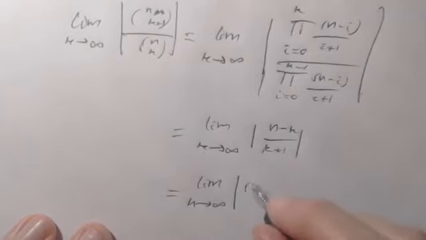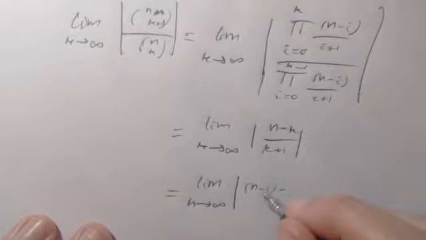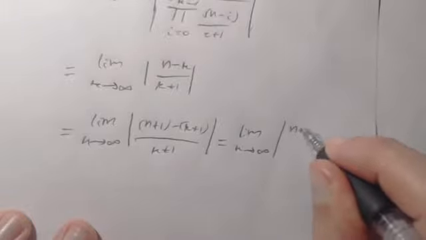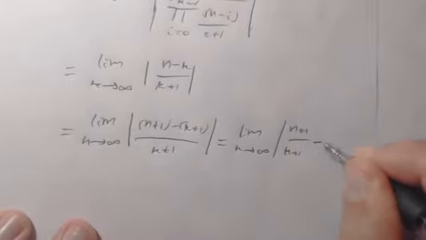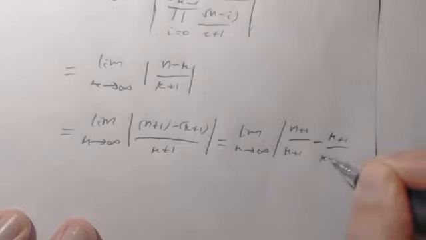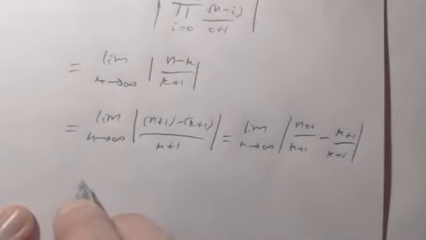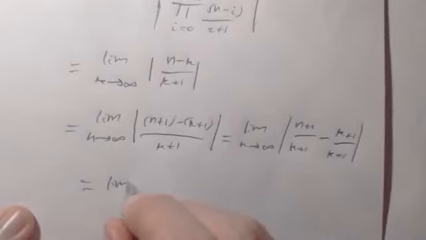I'm going to write it as n plus 1 minus (k plus 1) over k plus 1, which is equal to the limit as k goes to infinity of n plus 1 over k plus 1 minus (k plus 1) over k plus 1, which is equal to the limit as k goes to infinity of n plus 1 over k plus 1 minus 1.